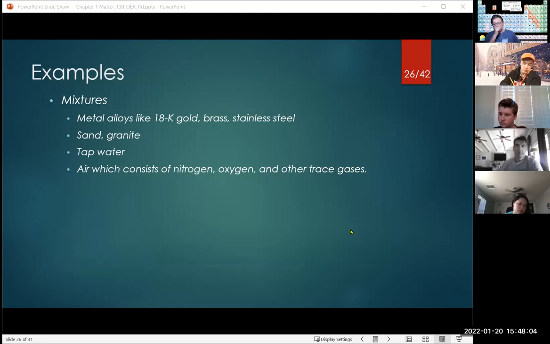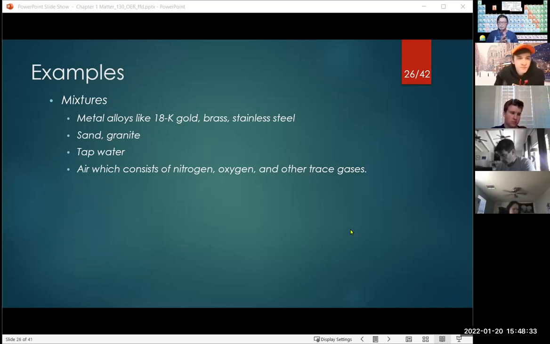Mixtures: there are a lot of examples of mixtures out there. Metal alloys, for example. The gold jewelry that we use is not pure gold. Pure gold is very soft and by itself doesn't lend itself well to making jewelry.